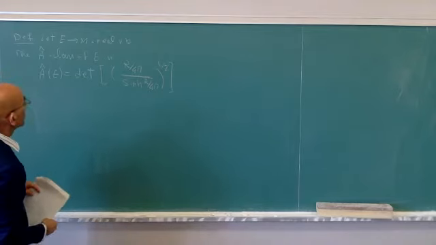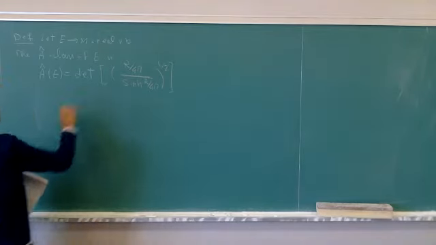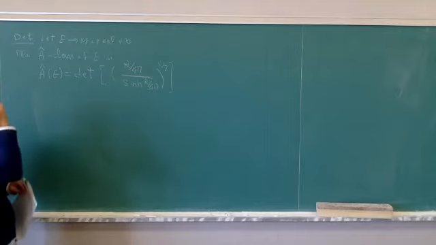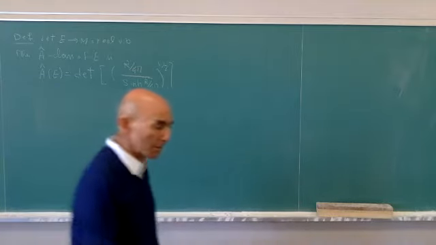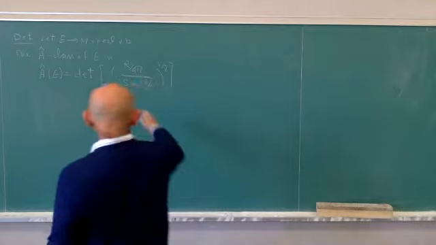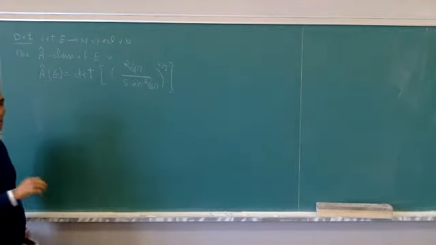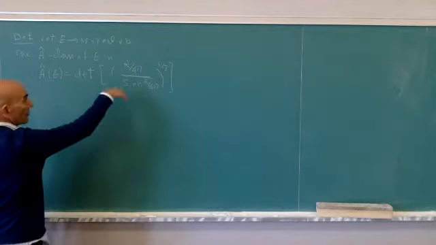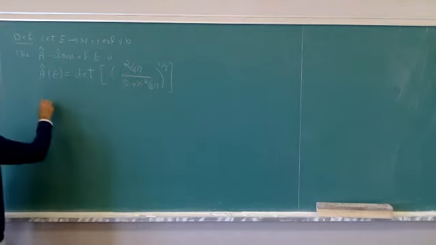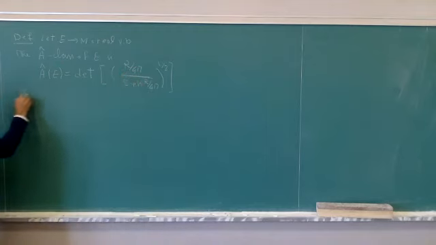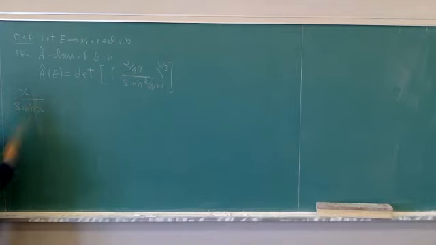Okay, so what does this mean? Well, let me just tell you, there is a function here, like for the Todd class there was a function. Here there is another function, which is like x over sinh of x, sine hyperbolic of x.